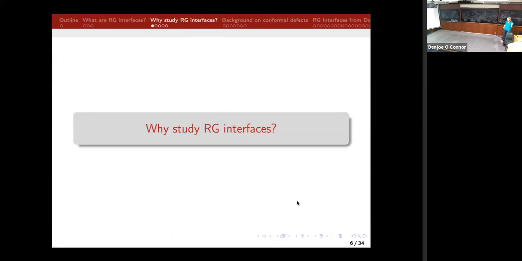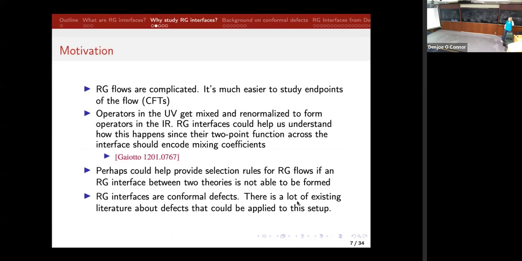That was just a preview, but why are these things interesting? What can we get out of studying them? First of all, RG flows are complicated, and it's easier to study endpoints of the flows, which are very often CFTs, and operators in the UV get mixed and renormalized to form operators in the IR.